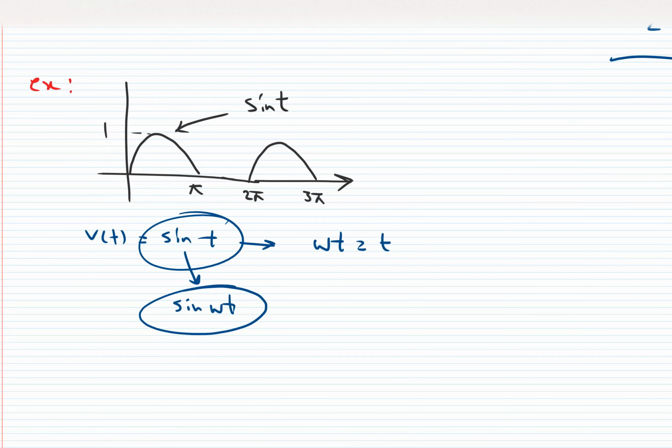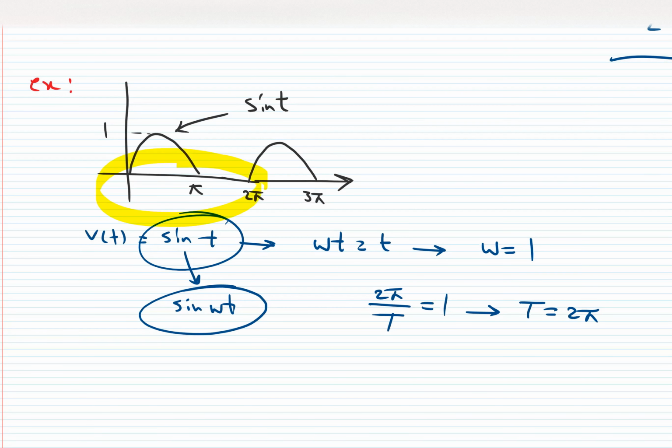So omega is 1. 2 pi over period is 1, so the period is 2 pi. It is exactly what we're showing here. One period of the signal is 2 pi.